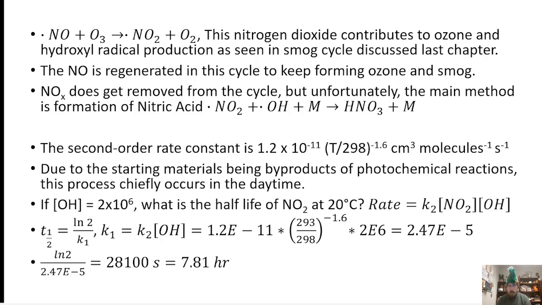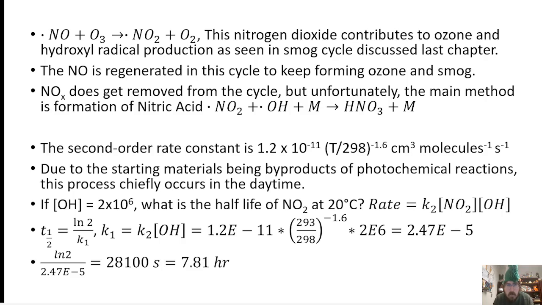Like if I had 500 degrees divided by 298 raised to the power of 1.6. So the hotter it is, the slower this process is going to proceed. The colder it is, the faster this process can proceed. That is basically if the molecules have too much energy, they're not going to stick together.